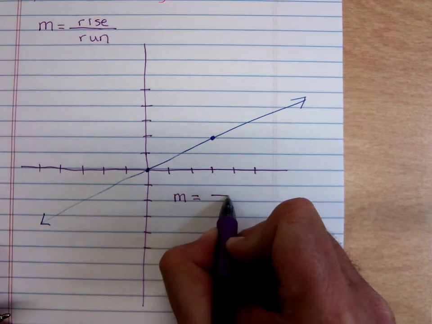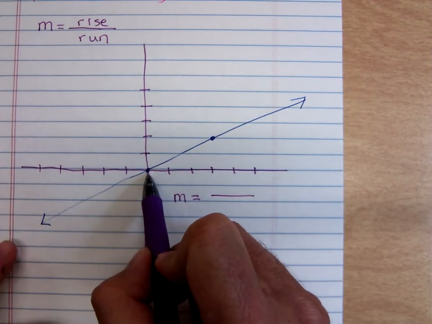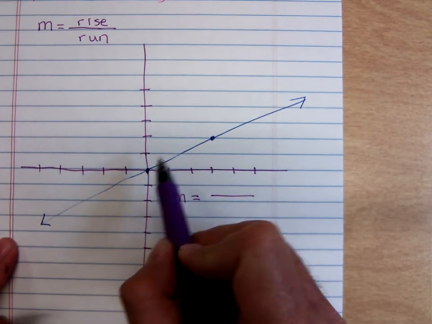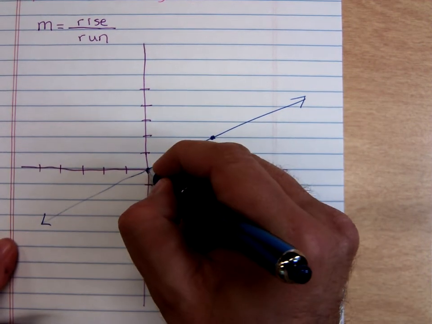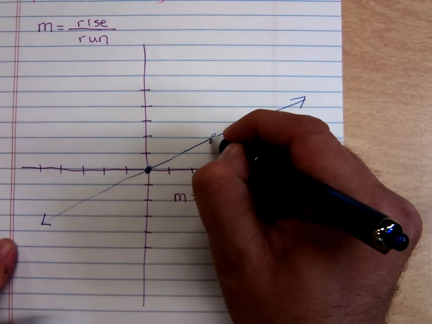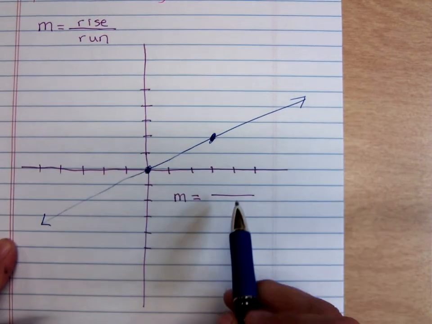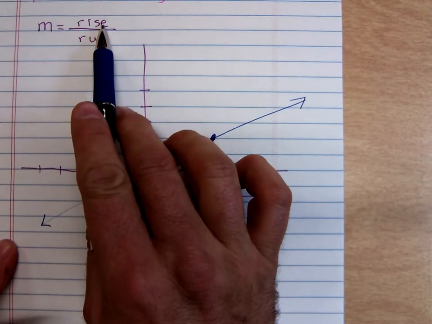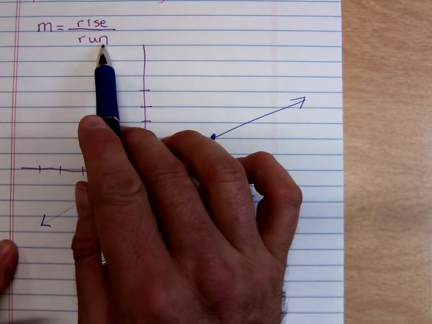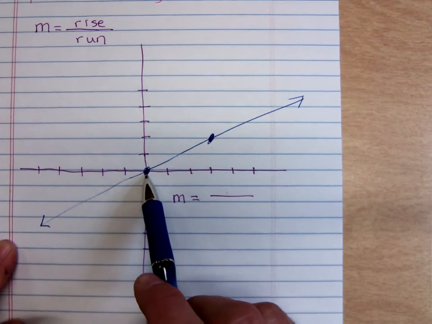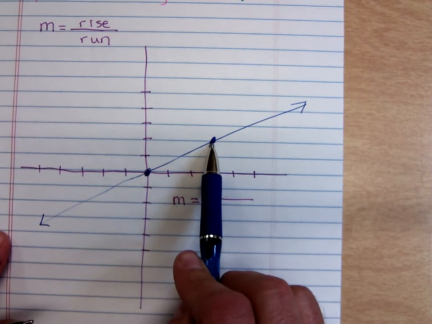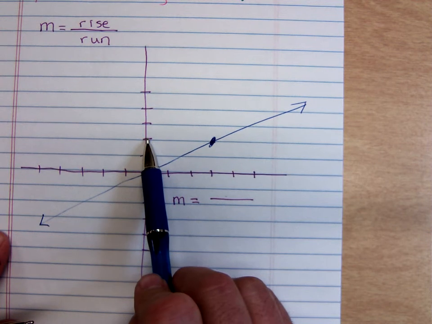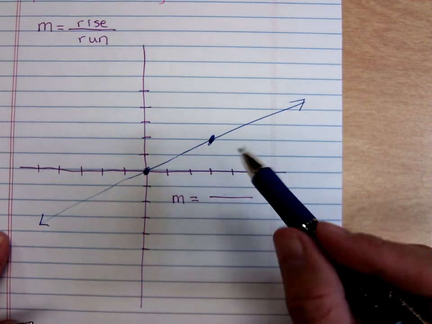If I start at this bottom point, in order to get to this other point that I have here, how am I going to move? You go through the vertical movement, that's what rise means, and then the horizontal movement. In words, how would I move from this point to this point? Up 2 and right 3.